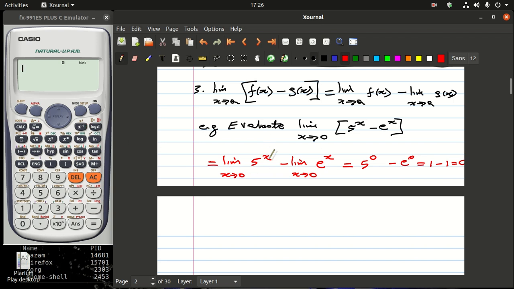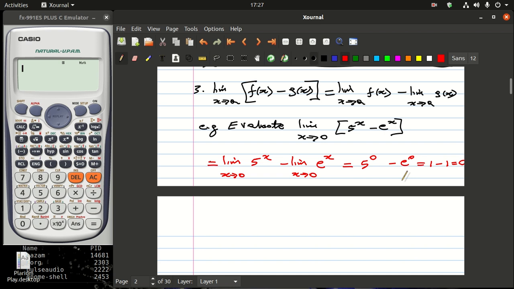When I plug that value into a calculator, because the calculator can only show you up to 10 digits, it's going to round it off and say that's just 0, because within the digits that it can process, it can't see the number at the end. So you end up having a 0 here. So we'll end up having 0 minus e to the power 0, which is 1 minus 1, which is a 0.